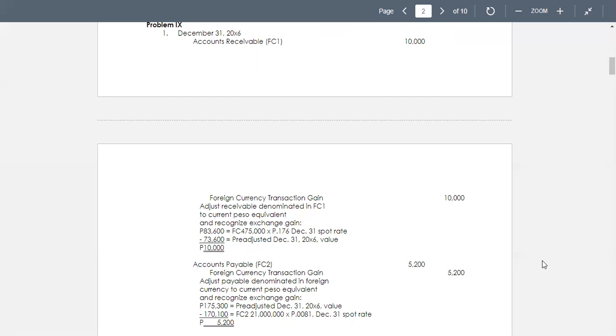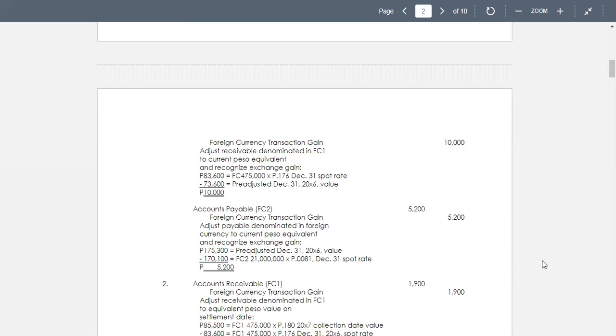We now get the result equal to 170,100, and we compare it with 175,300. So we have the difference of 5,200 for FC2.